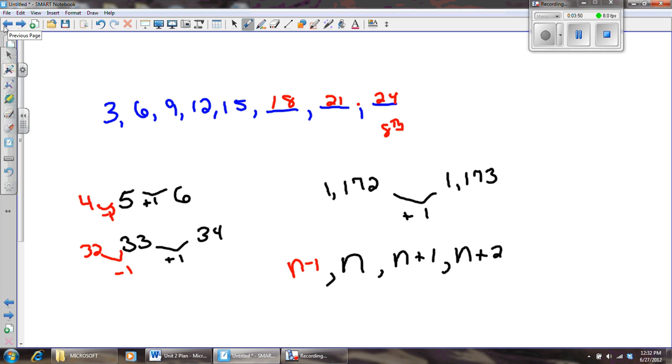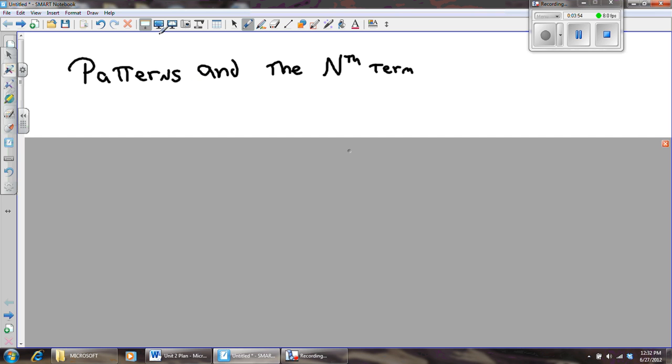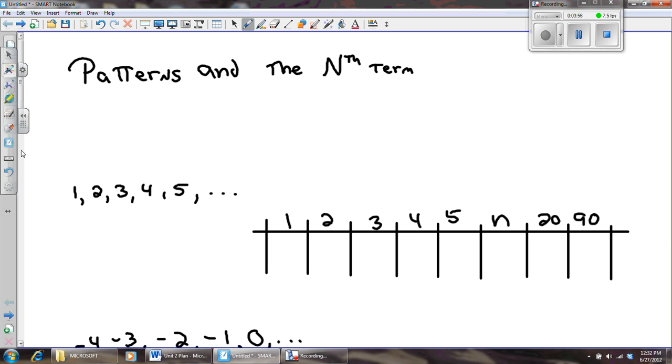We're going to start off with a baby step one and see if we can't develop a way to do the more difficult problems. All right, my first sequence of numbers is this: 1, 2, 3, 4, 5 on forever. Now I'm going to find the nth term, which is here on my table, the 20th term, and the 90th term.